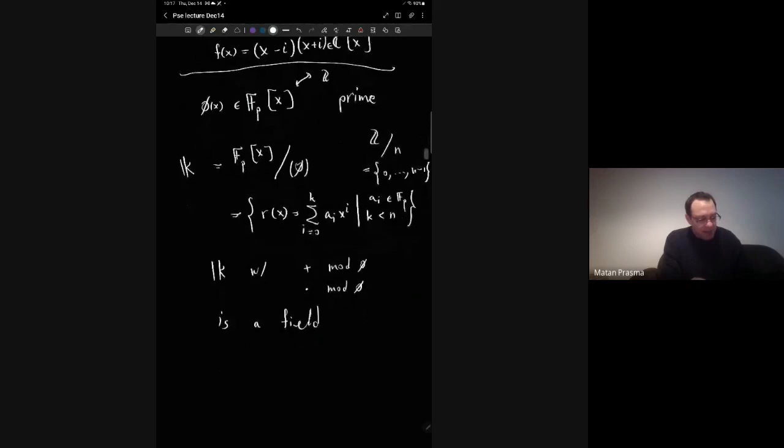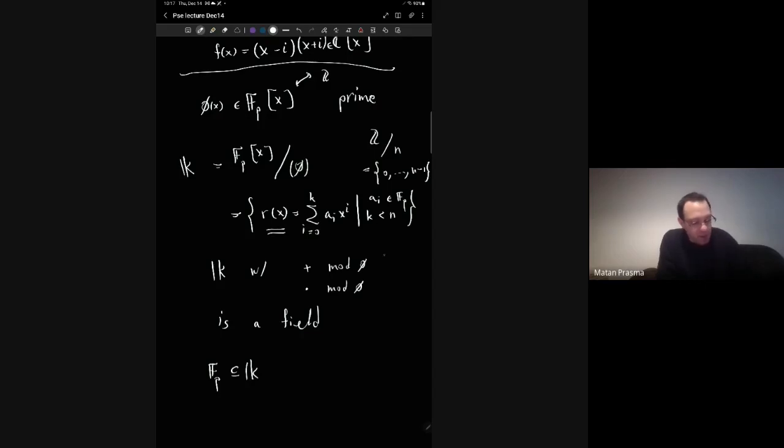And then the interesting phenomenon is that when I consider polynomials over K, of course K contains F_p. It contains F_p because I can always choose a remainder polynomial to be simply a constant.